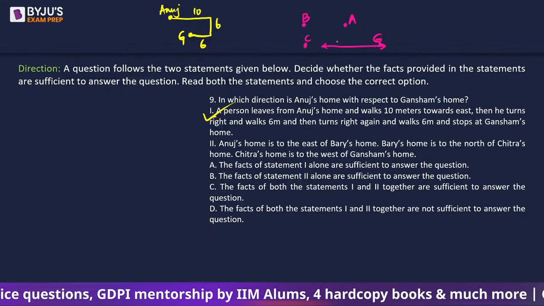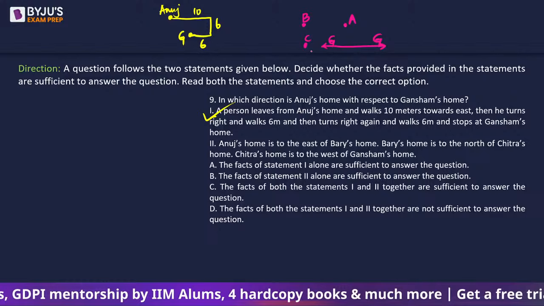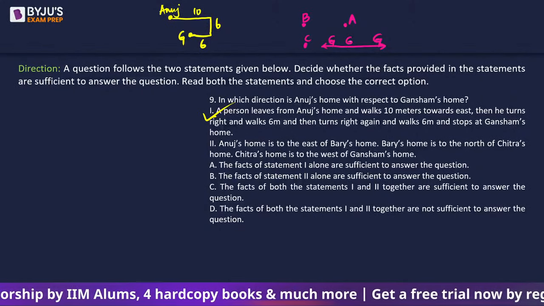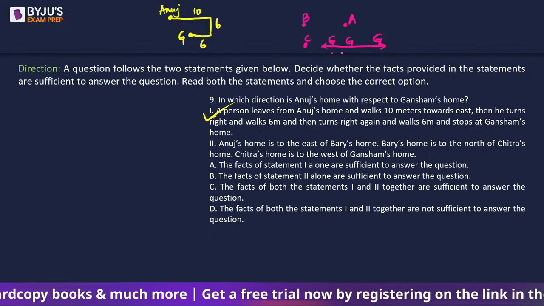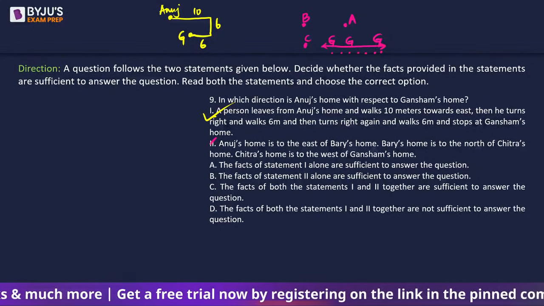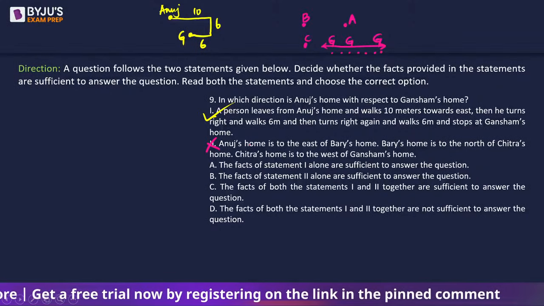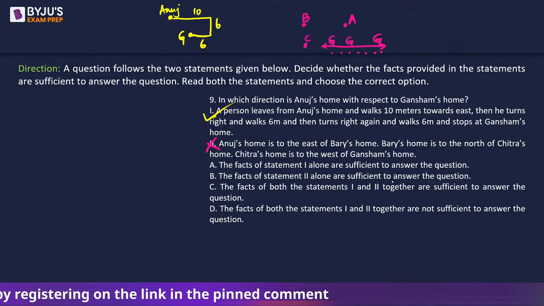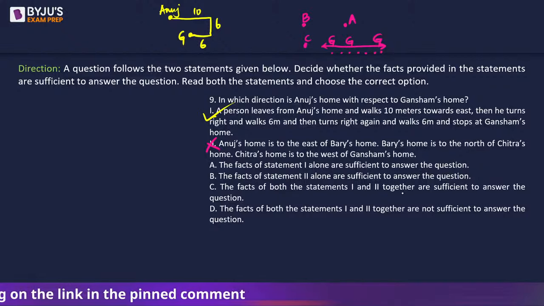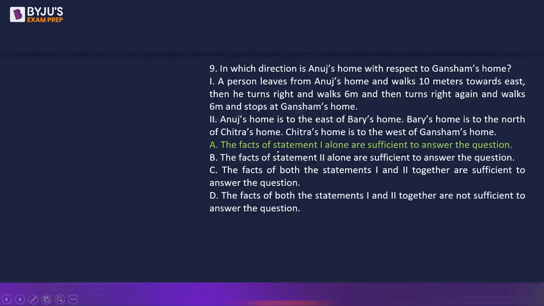It can be to the west of A. It could be to the immediate south of A. It could be to the east of A. So there are a lot of possibilities where Ghanshyam's home can be. So second se to nahi aayega. So looking at the options, the facts of statement 1 alone are sufficient to answer the question, 2 alone, together, and neither. So obviously 1 alone is sufficient. So the answer is going to be option A.